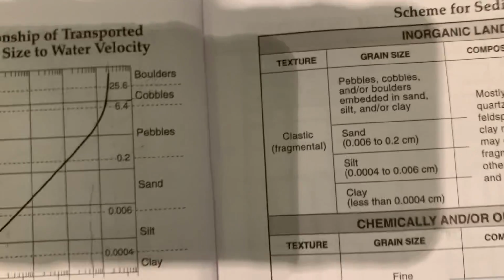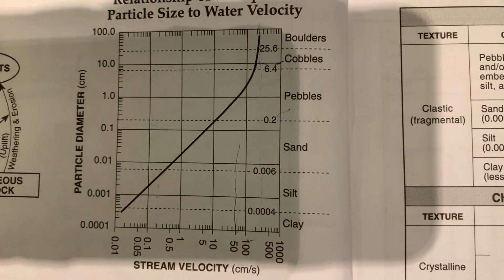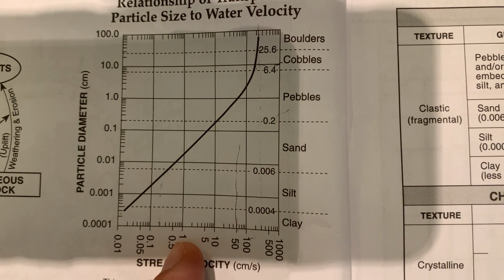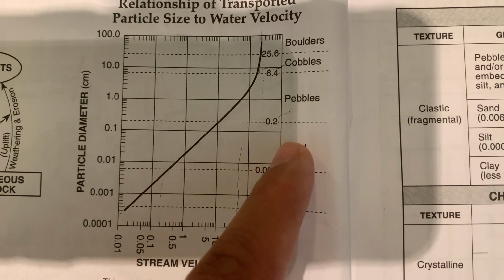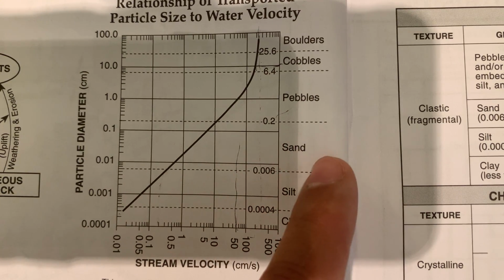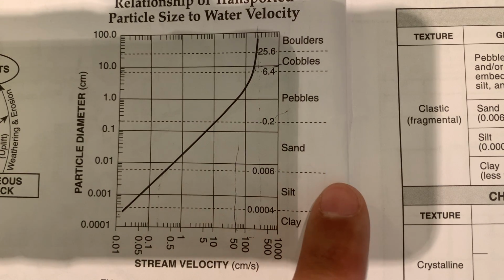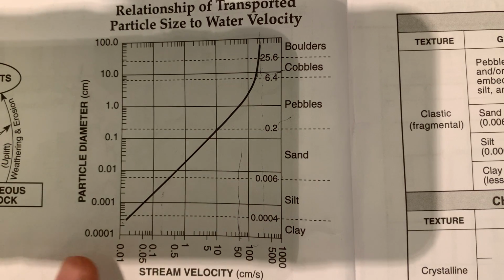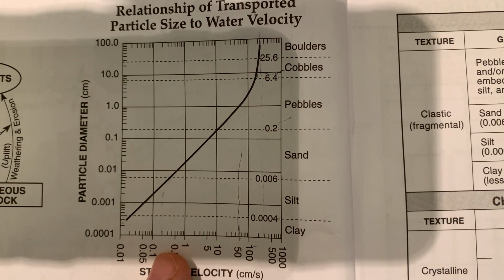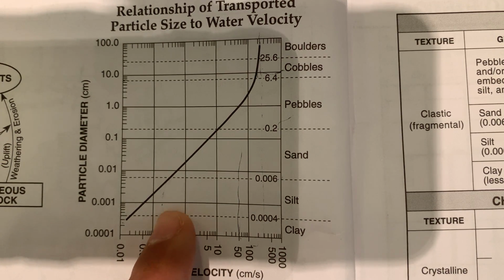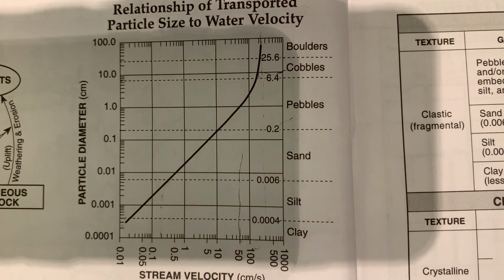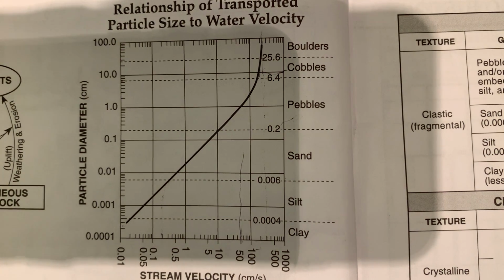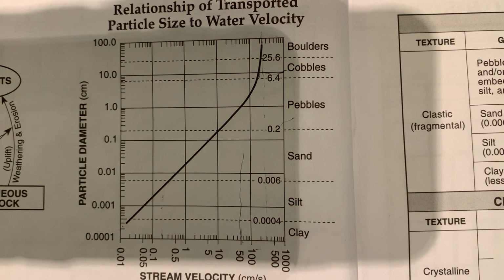So going over here, 1 centimeter per second, that means that stream could pick up some sand particles, silt particles, and clay particles. Now, if it's reduced to 0.1, it's only silt and clay. So therefore, it would drop off sand.